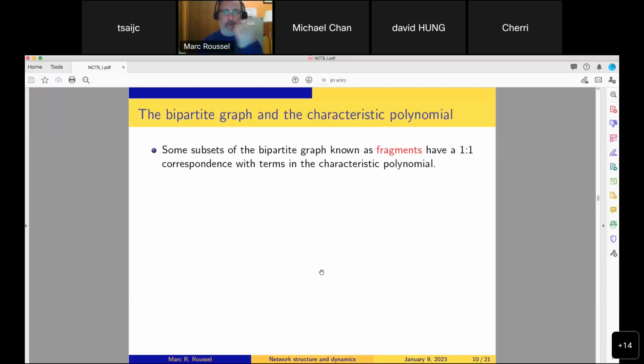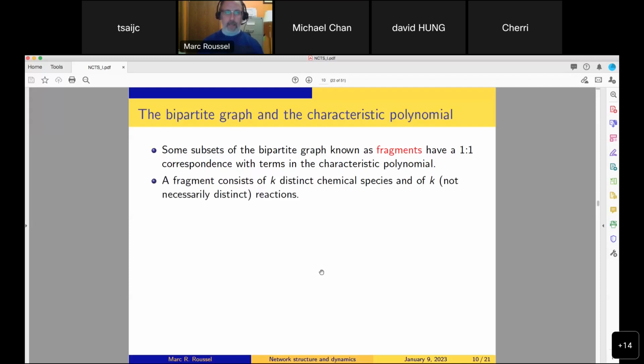Okay, so why do we care? There are subsets of the bipartite graph known as fragments that I'll describe in slightly more detail in a few minutes that have a one-to-one correspondence with terms in the characteristic polynomial. So in other words, if you can find the fragments, you know exactly what the characteristic polynomial will look like. A fragment consists of k distinct chemical species and k reactions.